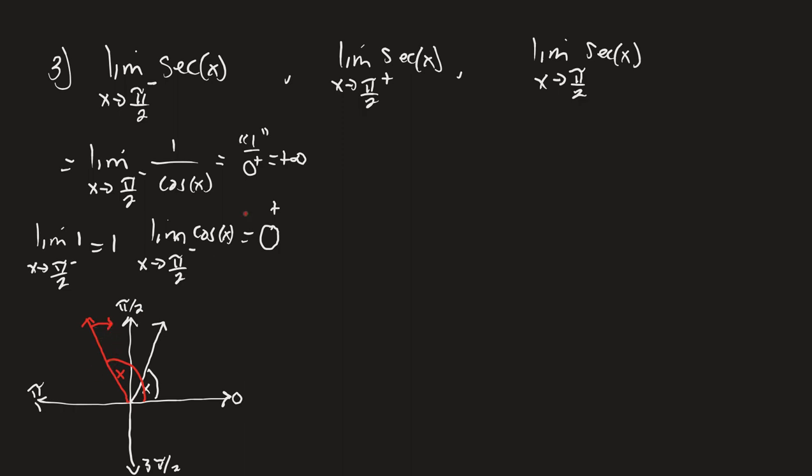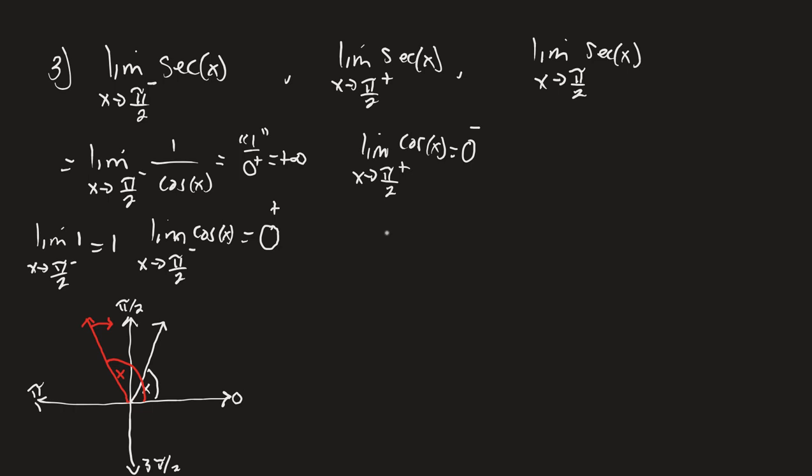So whenever your x is just a little bit bigger than pi over 2, but getting closer and closer to pi over 2, then I'm just going to write down the expression for the bottom. So the limit as x approaches pi over 2 plus of cosine, it's still going to approach 0, but now in the second quadrant, cosine is negative, right? So the denominator is going to be 0 minus.